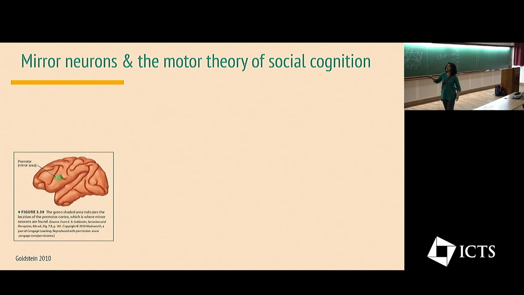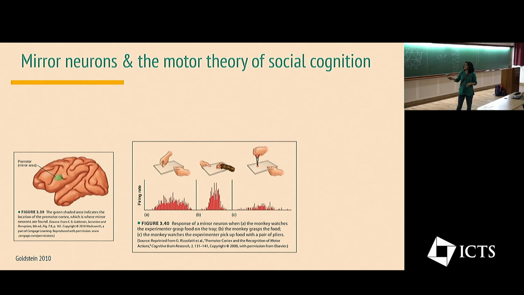Mirror neurons were first discovered in the monkey brain, in a specific region associated with planning of movements, the premotor cortex of monkeys. Why were these neurons special?